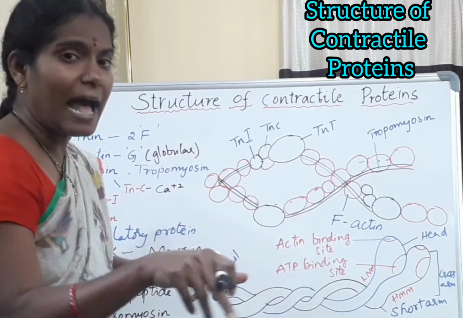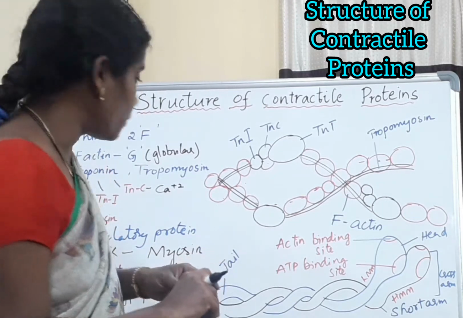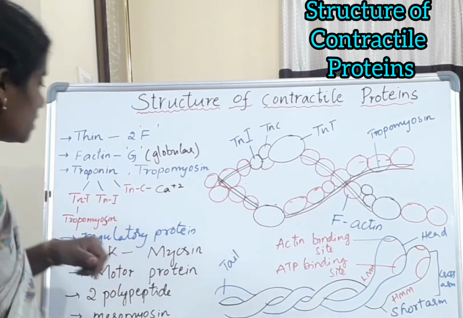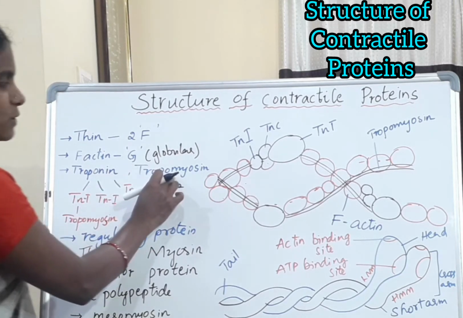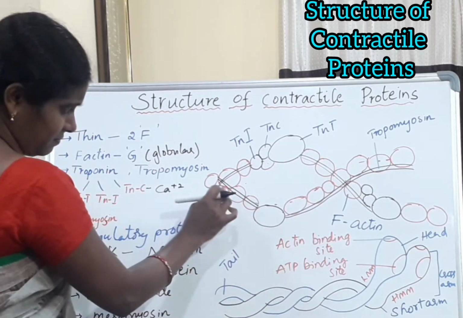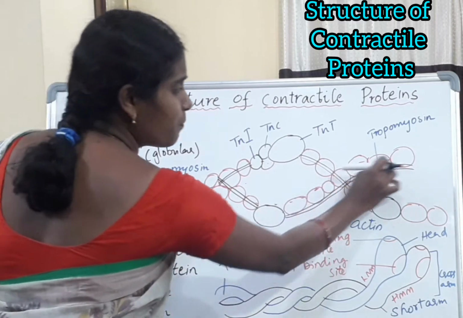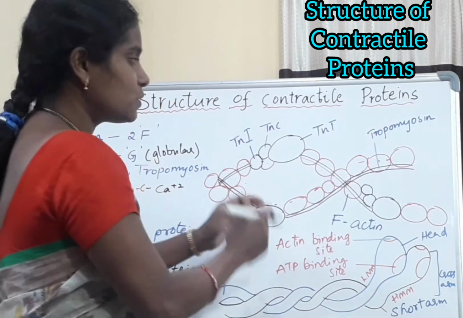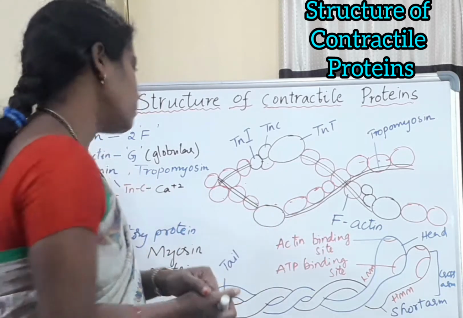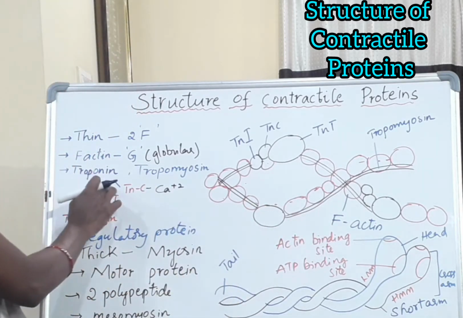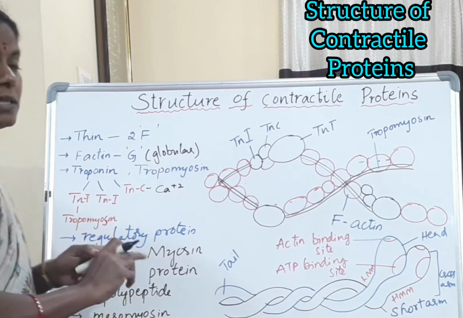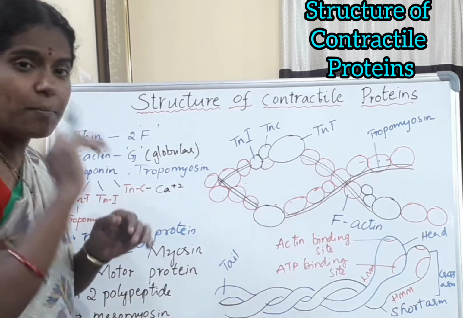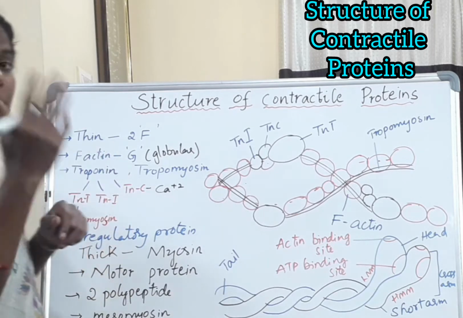Along with actin there are two other important proteins called troponin and tropomyosin. Tropomyosin connects to the F actin along the length of the actin filament. Then what about troponin? Troponin is another protein that consists of three polypeptides.